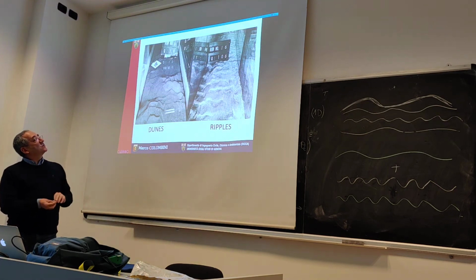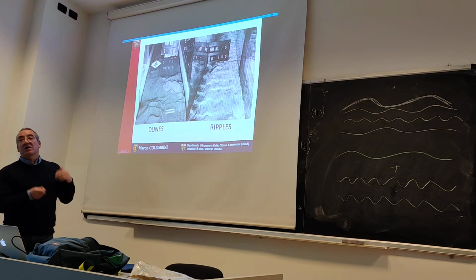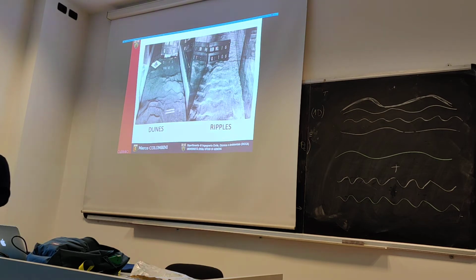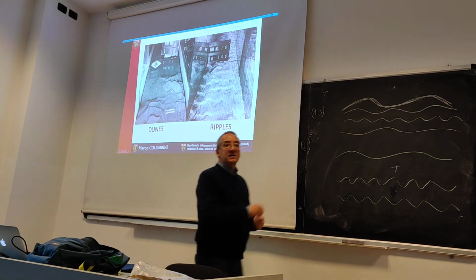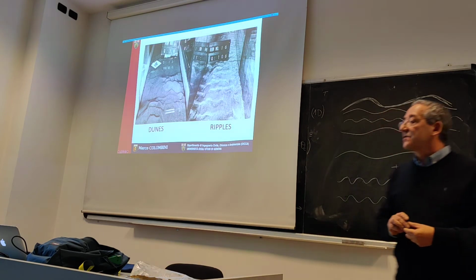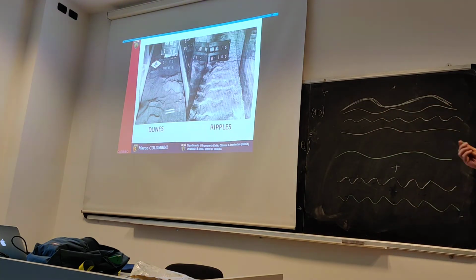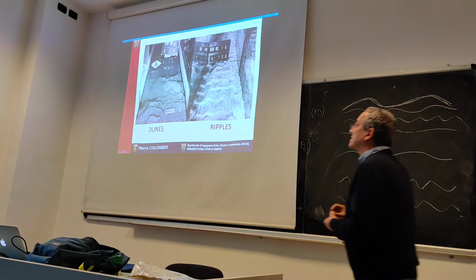This is also to give you an idea on how complex is the real thing. Okay, so I will try to describe the dunes and bedforms in general as sines and cosines function, but they are something much more complex.